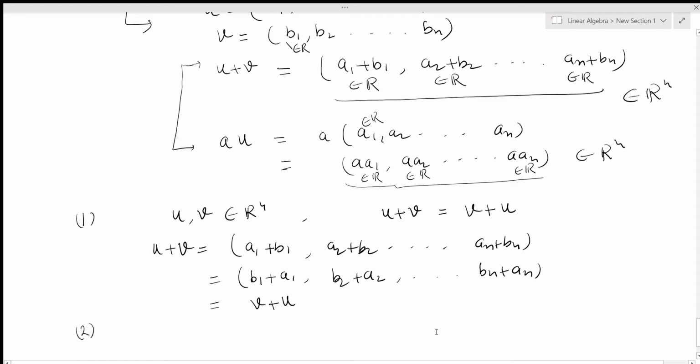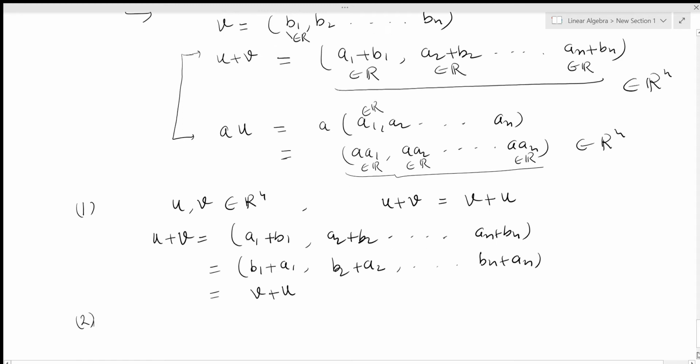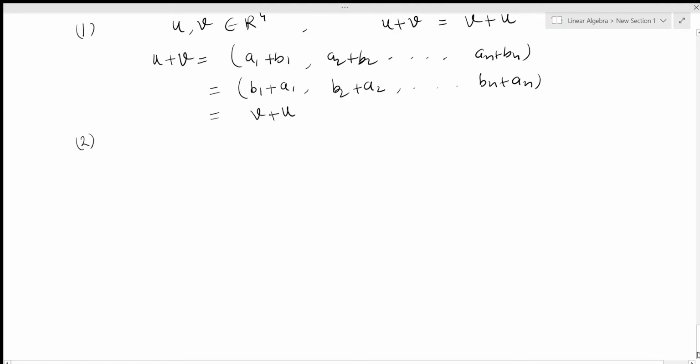Now the second one is associativity with respect to addition. In this second property, what we have to show is, if there are some u, v, w belonging to Rn, then we have to verify that (u plus v) plus w must be equal to u plus (v plus w).